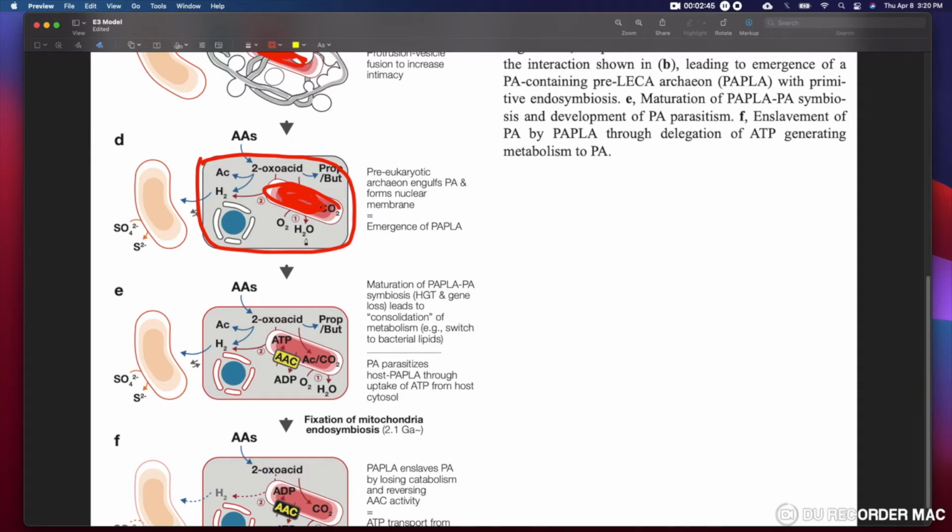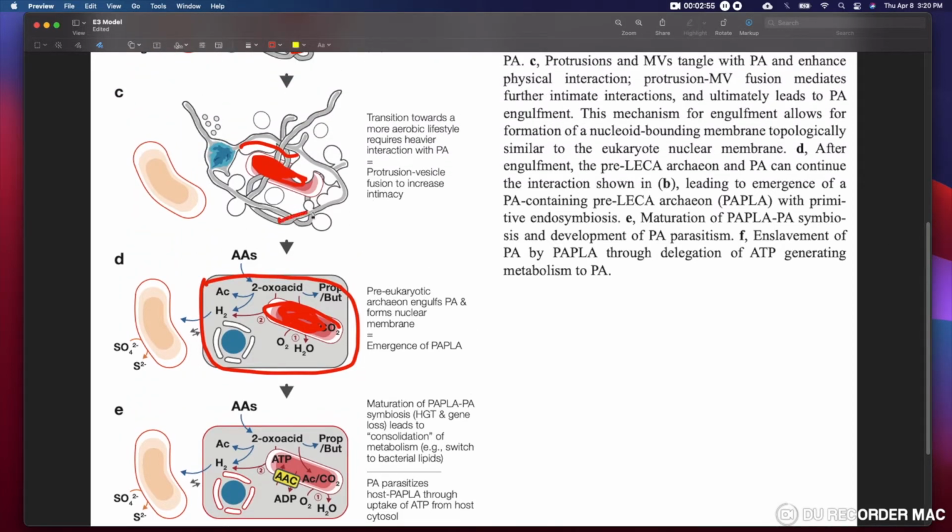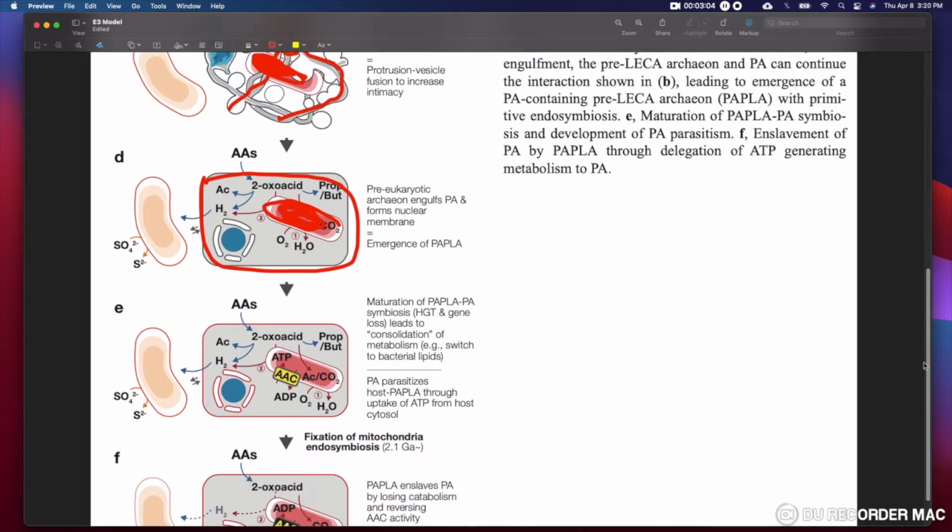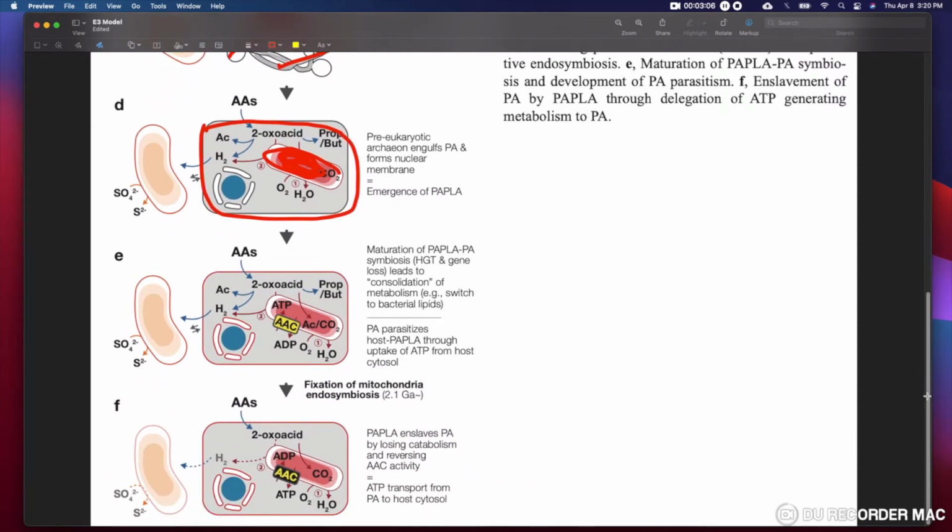So this mode of eukaryogenesis is phagocytosis-independent engulfment, because it will trap it first. Then after some time of codependently living, syntropically living and growing together, they just fused. And essentially, the bacterium gets to be enslaved inside. So that's the model that they're proposing.